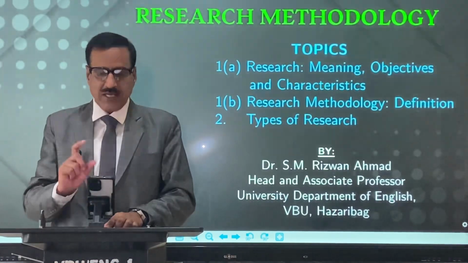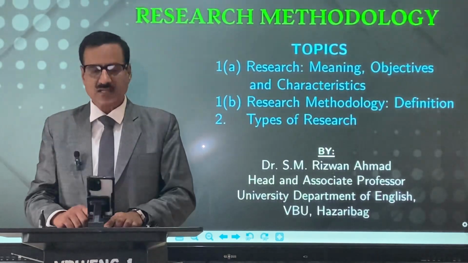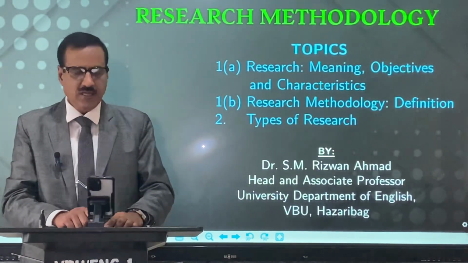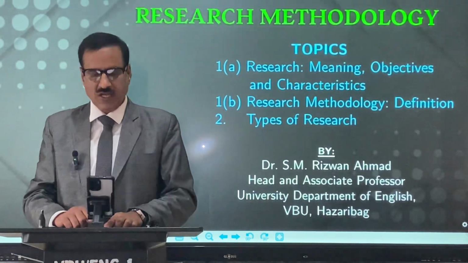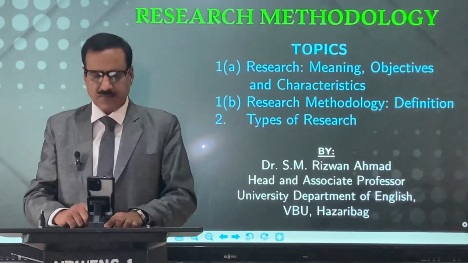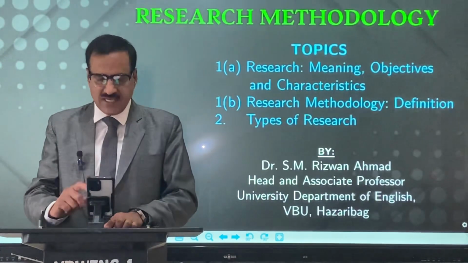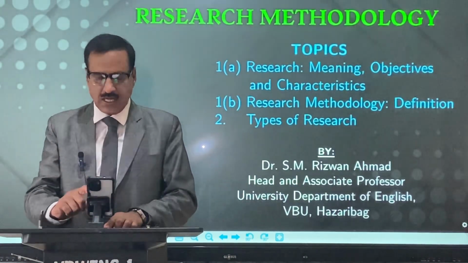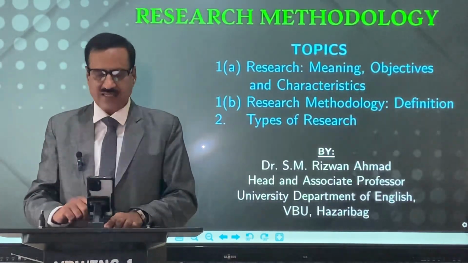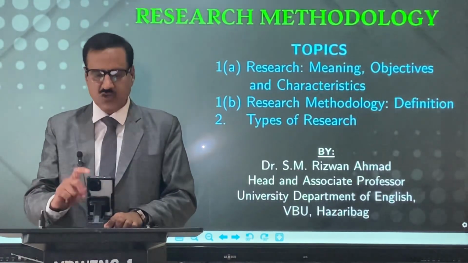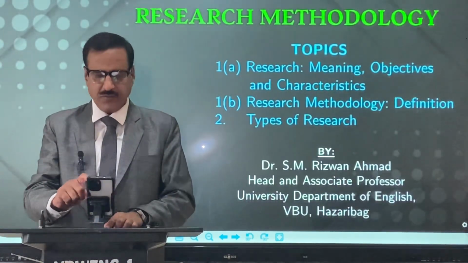Research is an academic activity, and as such the term can be used in a technical sense. According to Clifford Woody, research comprises defining and redefining problems, formulating hypotheses or suggested solutions, collecting, organizing and evaluating data, making deductions and reaching conclusions, and at last carefully testing conclusions to determine whether they fit the formulating hypothesis.